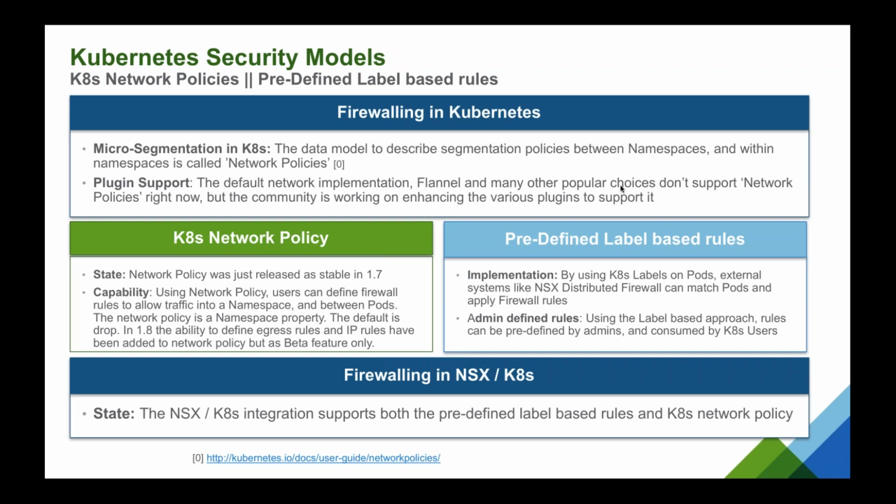You can either predefine everything and have your users specify the right labels when they create their constructs, or you just use the admin rules for base policy, like I don't want this protocol to ever be allowed into or out of the namespaces. And then there is Kubernetes network policy, which is the policy language in Kubernetes itself, which is attached to the namespace.